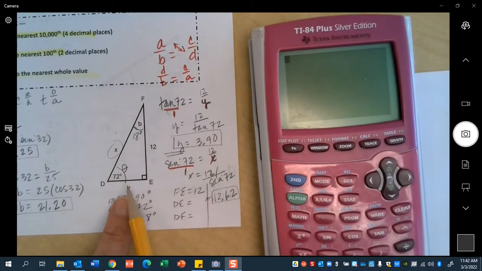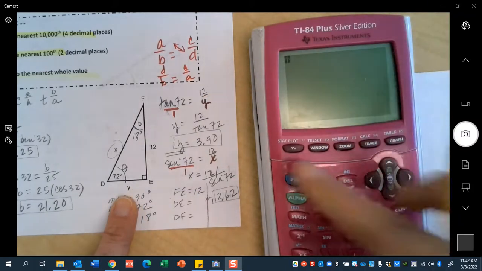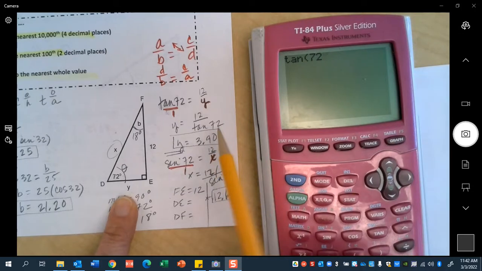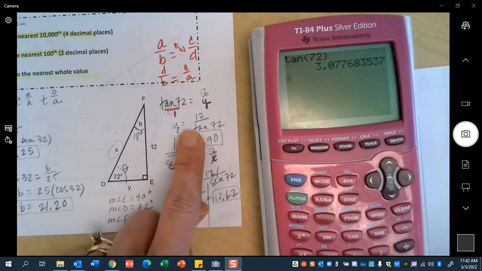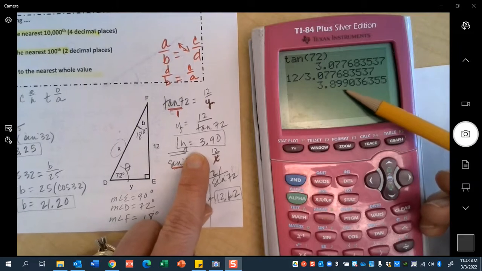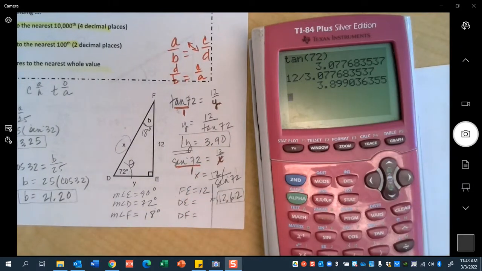Y is my opposite over adjacent. So my tangent of 72 degrees is going to be this, and I want 12 divided by this value. 3.899999. I rounded up.